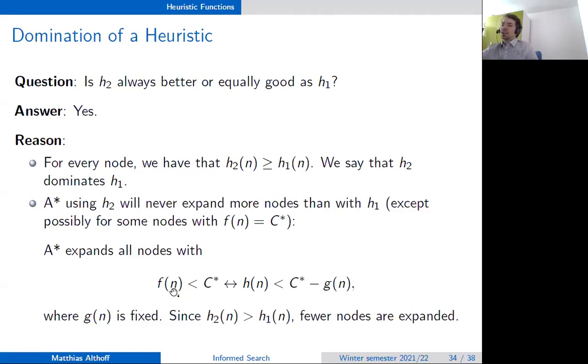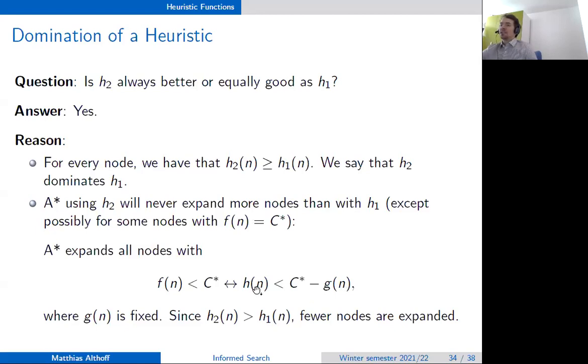You only expand nodes where f of n is less than the optimal cost C star. Now if you replace f of n with h of n plus g of n and put g of n to the other side of the inequality, then you have the inequality that tells you that you only expand nodes n for which h of n is less than C star minus g of n. So C star minus g of n is a fixed constant.